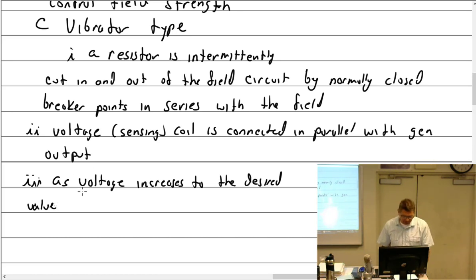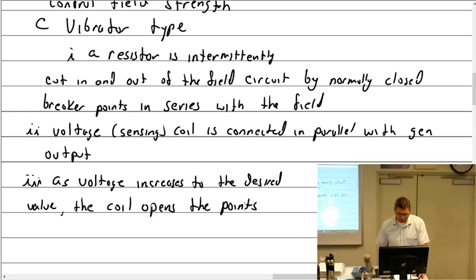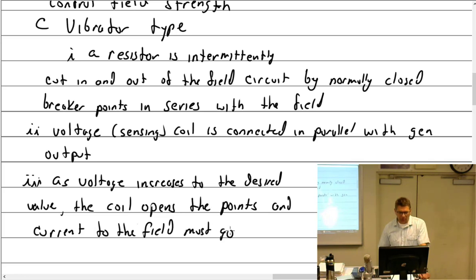As voltage increases to the desired value, the coil opens the points, or the electromagnetic field that is created by the coil opens the points. And current to the field must go through a resistor.